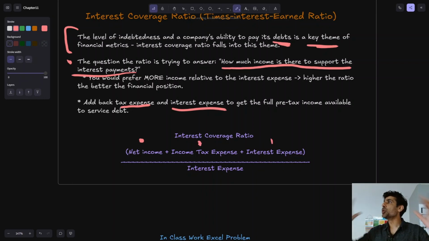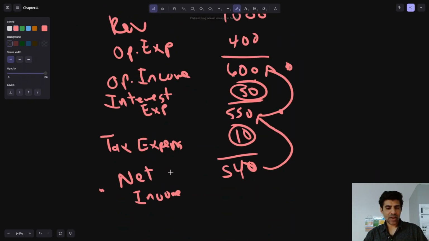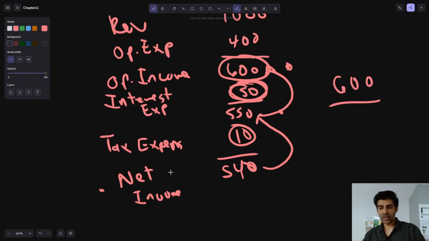And that gives you the pool of money available to service your debt. And then you divide that by how much interest you have. So you can see here, we have $600, and that pool is available to pay this $50 of interest. So it's quite a high ratio, 600 divided by 50, 12x.